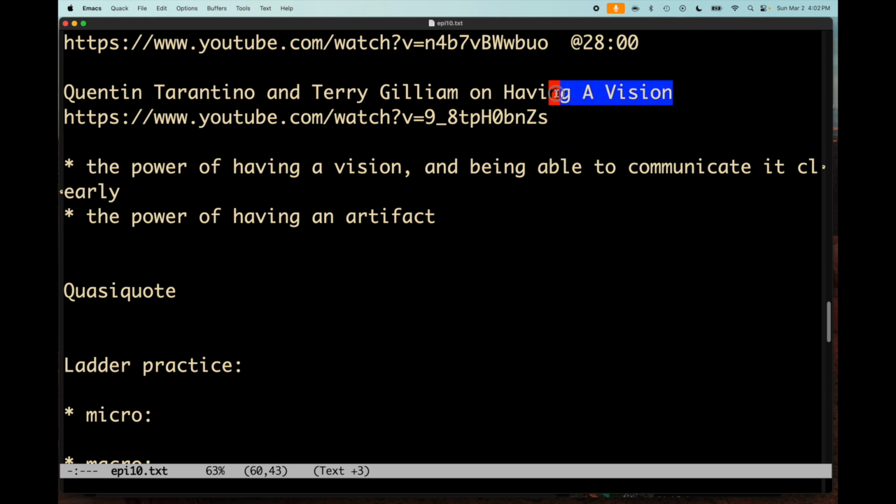But someone like Terry Gilliam has a vision when making a film. So I am of the vision type, I guess I would say. To me, that's the artistic part.